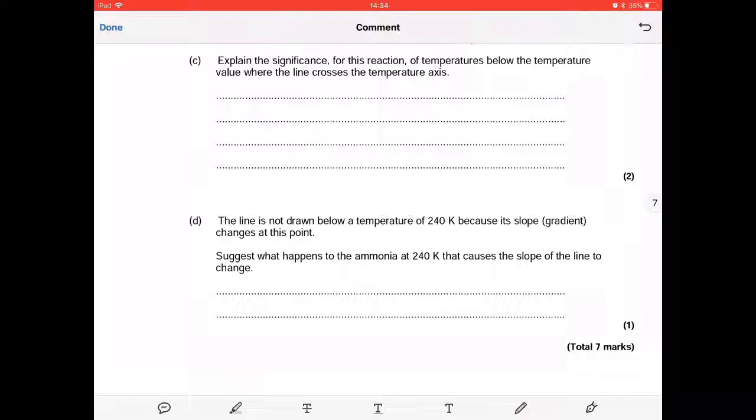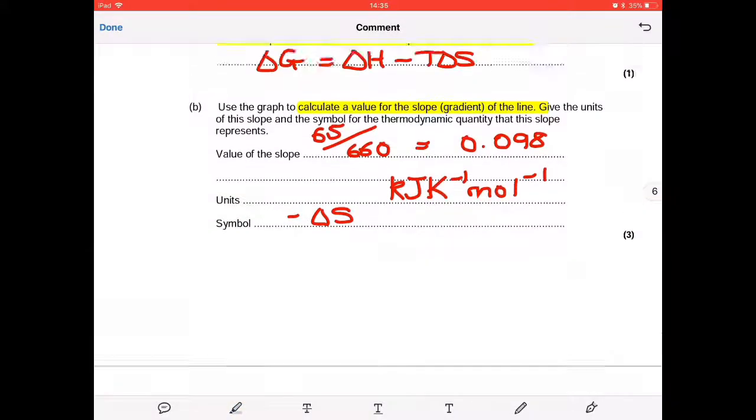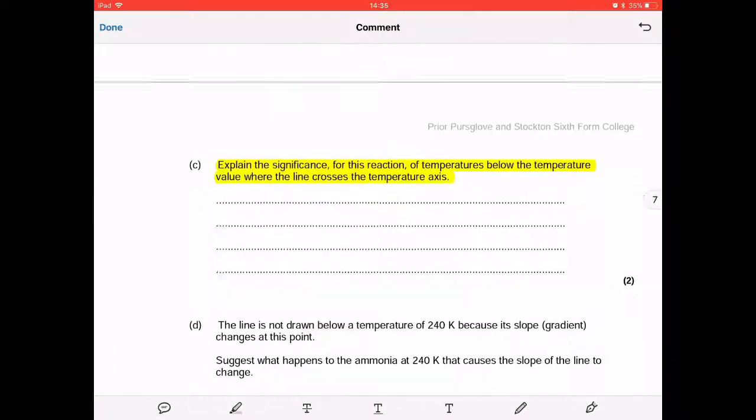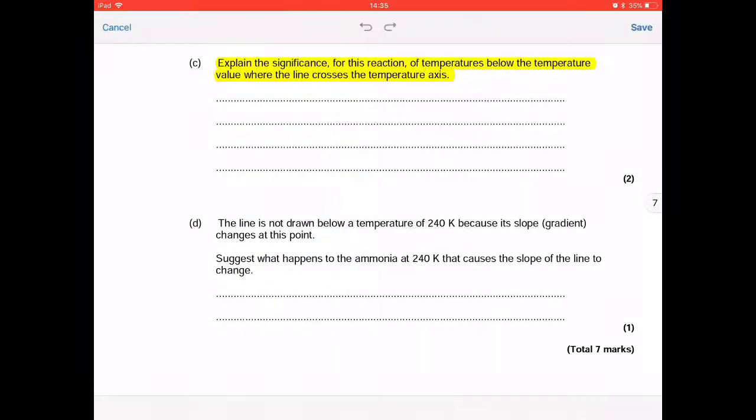Moving on, it asks you to explain the significance for the reaction of temperatures below the temperature value where the line crosses the temperature axis. So in terms of the graph itself, that is any part of the line below this one here. Now, what this asks you to do is to start to consider what the values mean below that line.